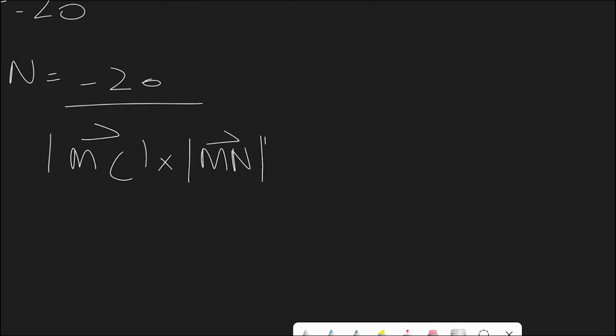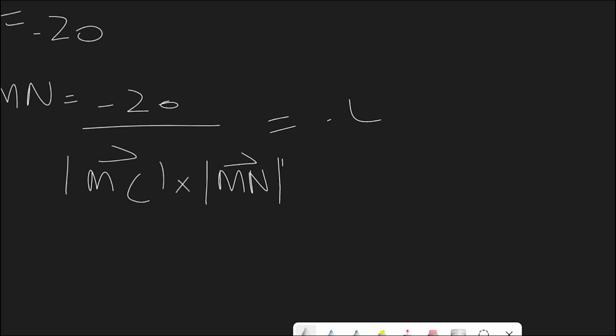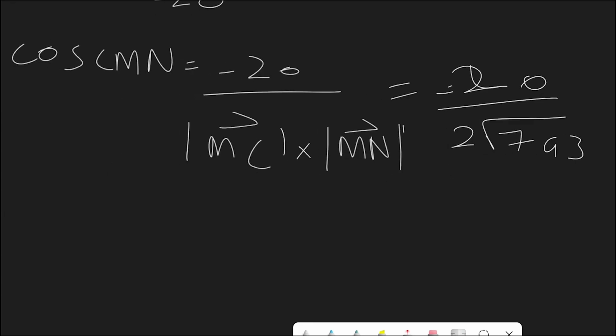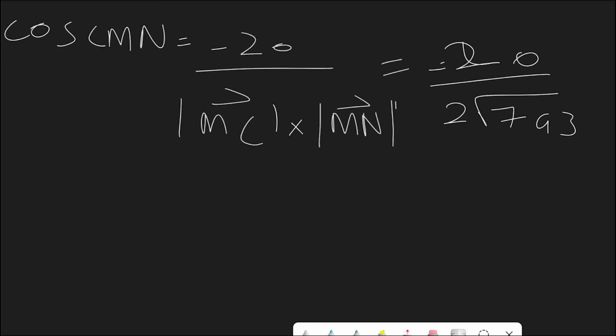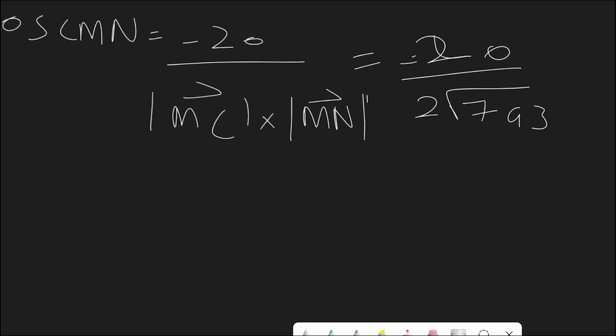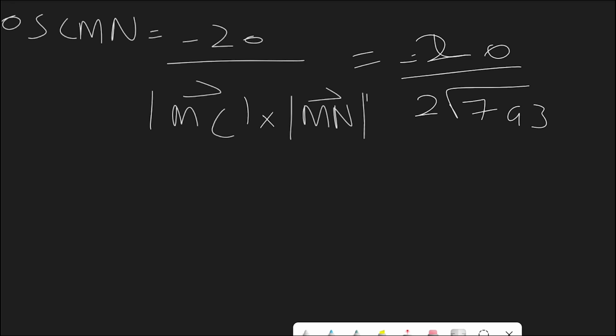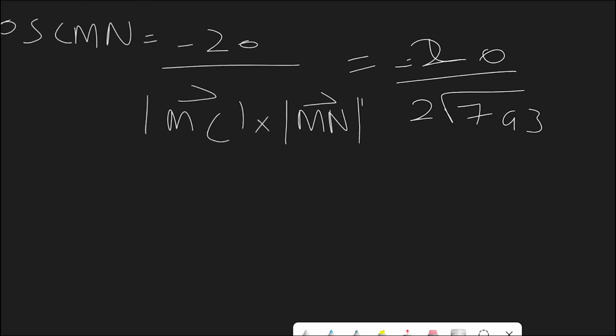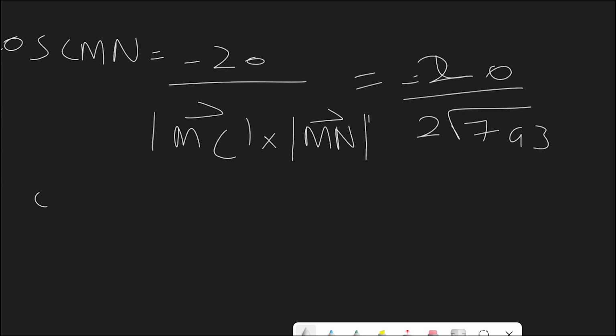So now we come over here, so it would be minus 20 over 2 square root 793. We can see that cos is negative. So in which quadrant is cos negative? It is in the second quadrant. So whatever answer we have, we will take the basic angle. So cos CMN would be positive 20 over 2 square root 793. You can replace the CMN with alpha, let's say, because that is the basic angle.